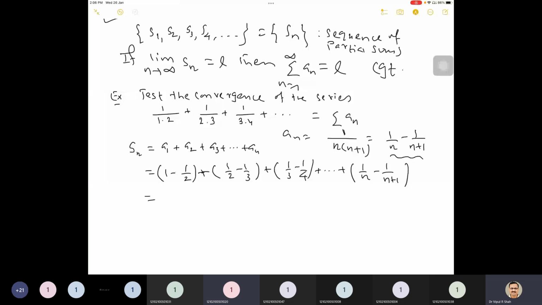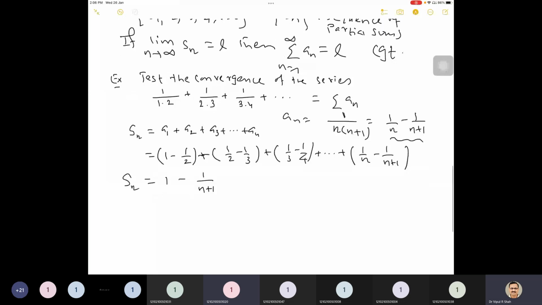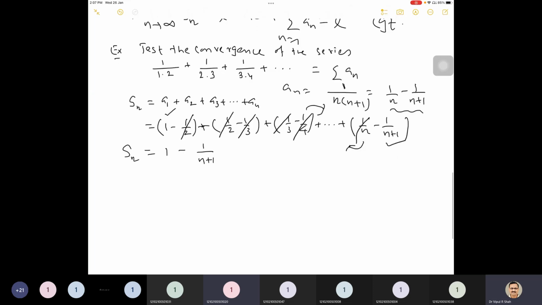Can I write the sum as 1 minus 1 upon n plus 1? We can write it, because this cancels with this, and this cancels with the previous term. What remains is 1 minus 1 upon n plus 1. So in this example, it is easy to find out Sn. In every example, it is not easy to find out Sn.